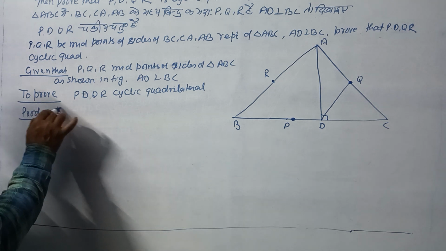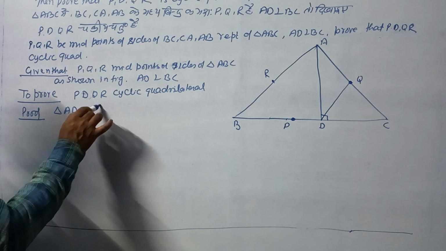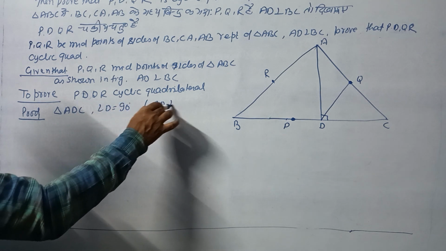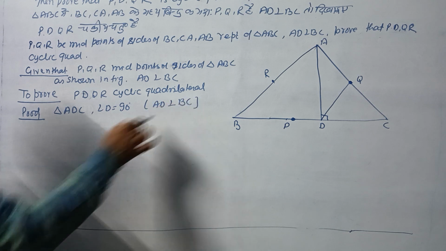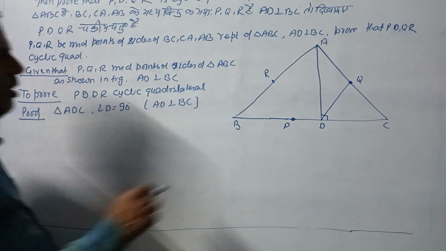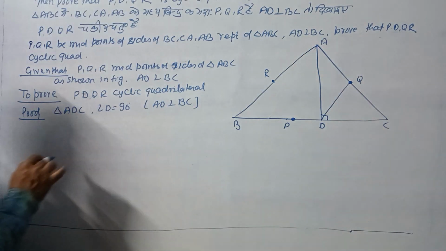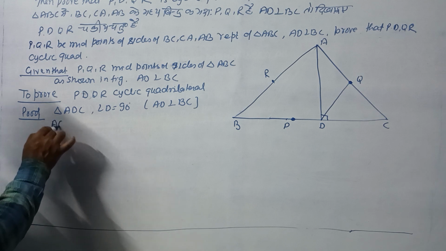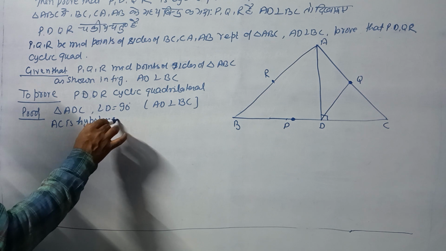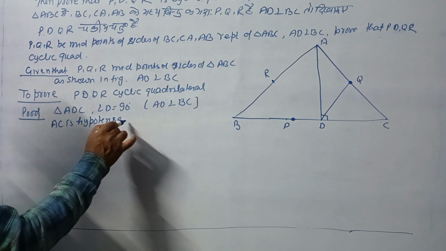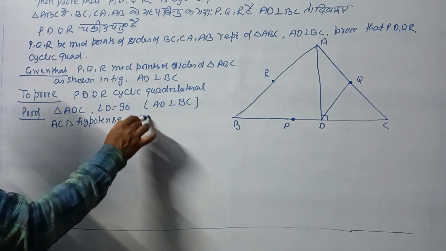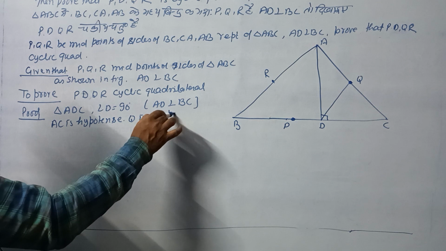In triangle ABC, angle D equal to 90, because AD is perpendicular to BC. Okay? Then this is 90, and AC is the hypotenuse, and Q is the midpoint of it.